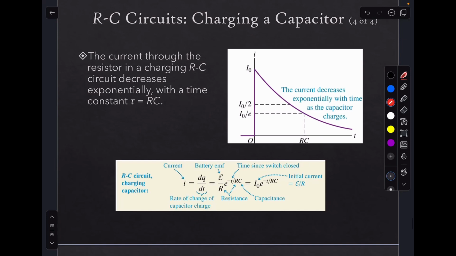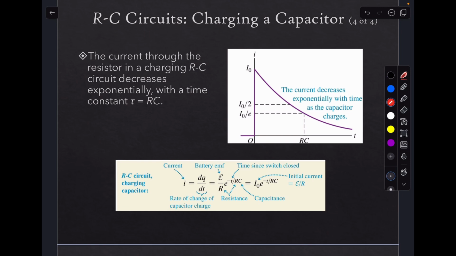Where the current at any time t in a charging circuit is the battery's EMF divided by the resistor times e to the negative t over RC. And well, what's that E over R? That's simply the initial current in the circuit. V equals IR. So remember, epsilon is simply a potential V.